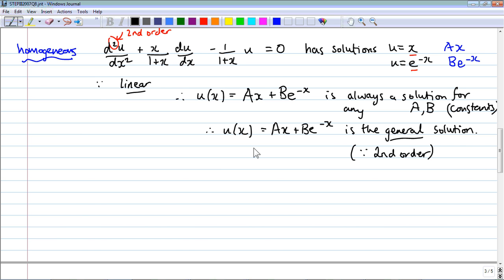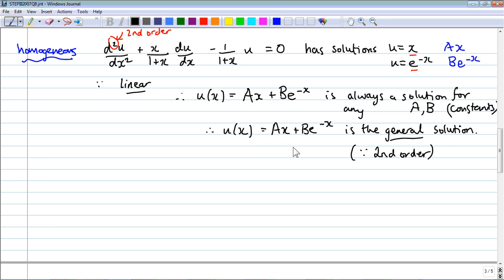Linearly independent just means there is no identity like ax equals b e to the minus x. That's impossible. Certainly you can solve that as an equation, but as an identity there are no such numbers. So those two functions are linearly independent, so a linear combination of them, meaning multiplying each by a real number and adding them together, is the general solution.